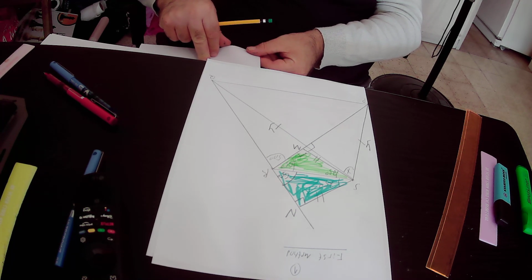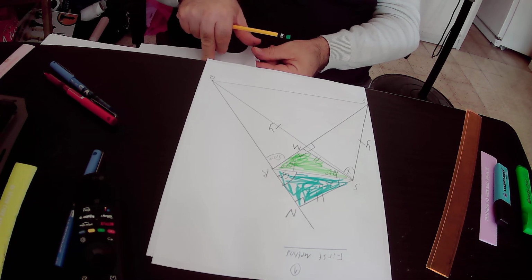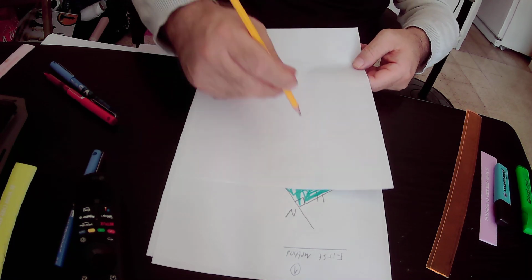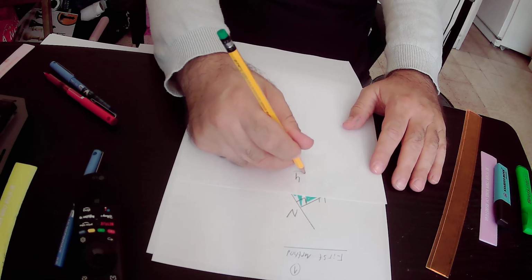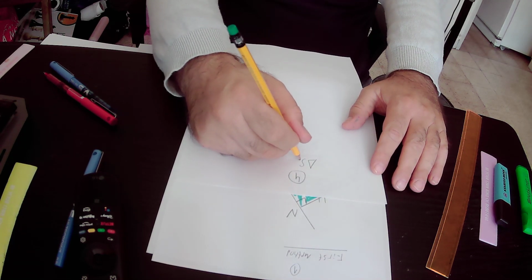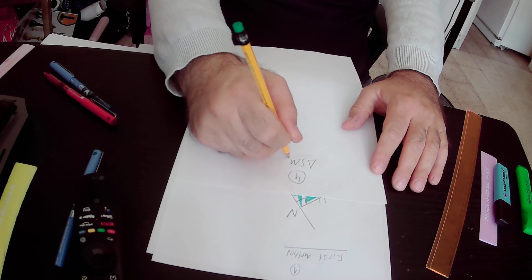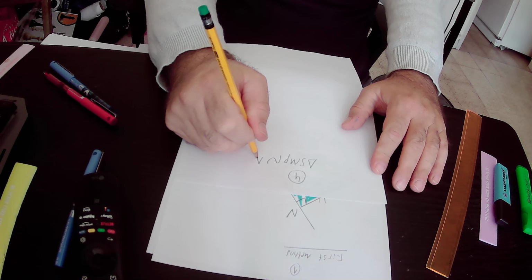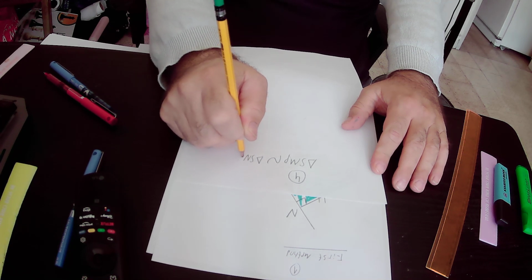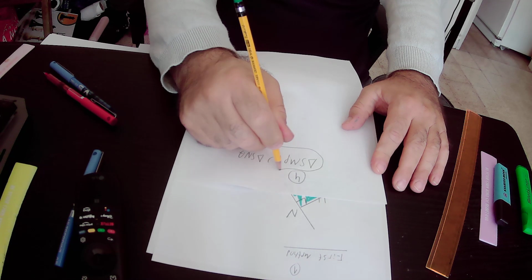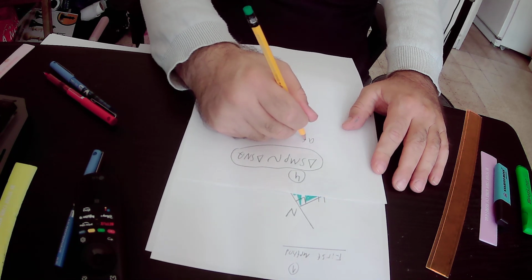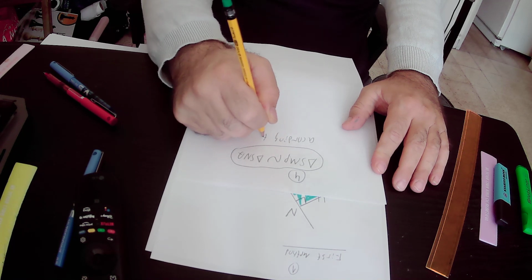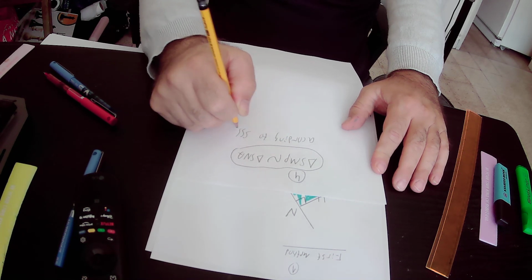So we can write down that triangle SMP is congruent to triangle SNQ according to the side rule.